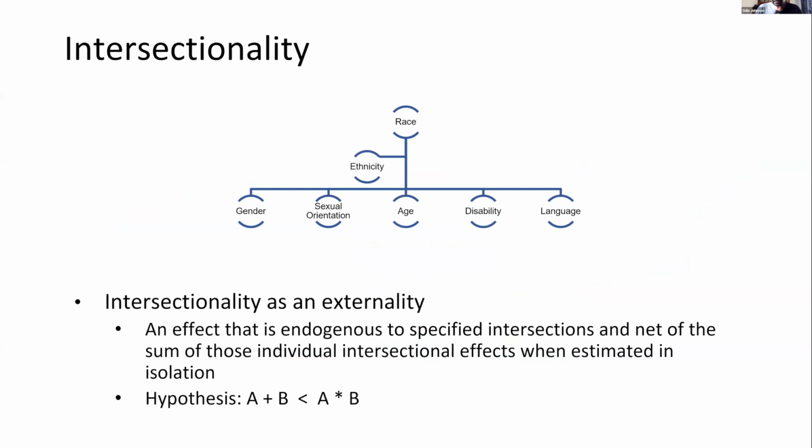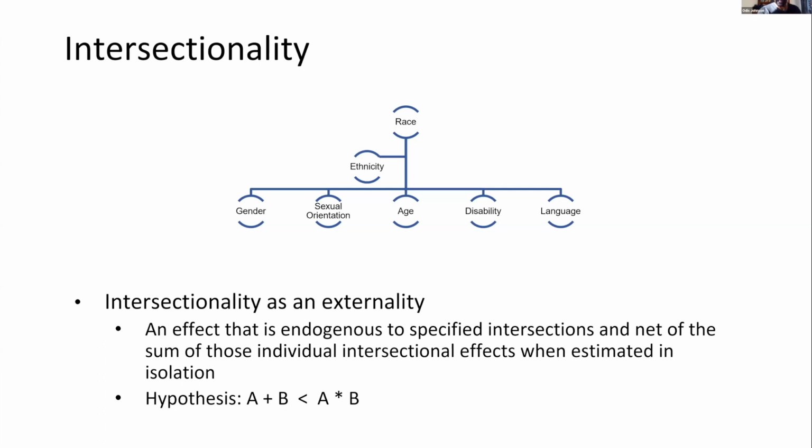What do I mean by that? I mean, if I'm Black and gay, then there is something that occurs net of that intersection. There is a way in which I'm looked at. In other words, these things are not just intersecting in an additive way, that I have, yes, an age and a disability.